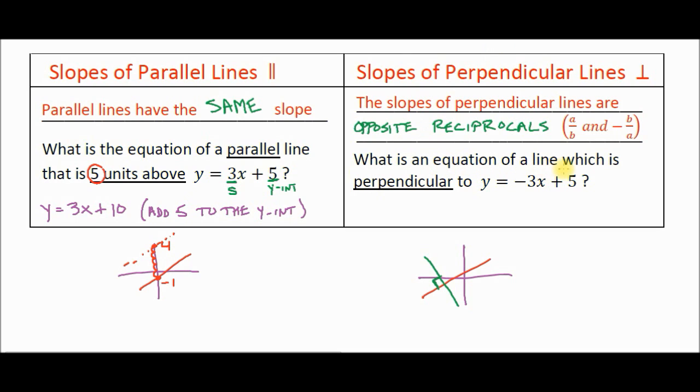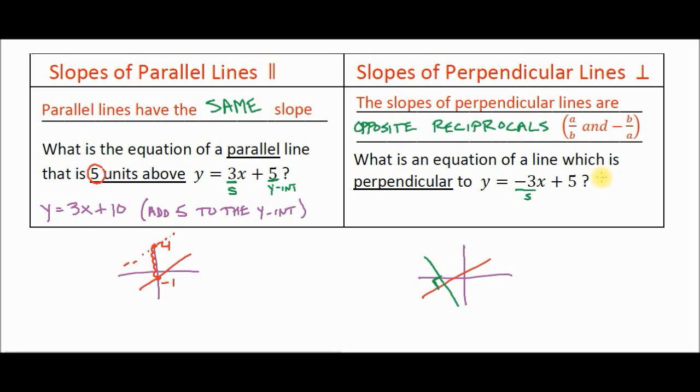What is an equation of a line which is perpendicular to y equals negative 3x plus 5? Well, we know that our existing slope, or our initial slope, is negative 3. If our slope is negative 3, then think about our perpendicular line slope.